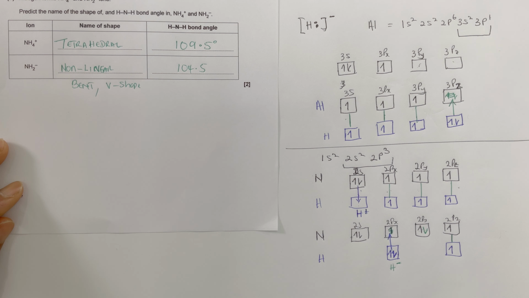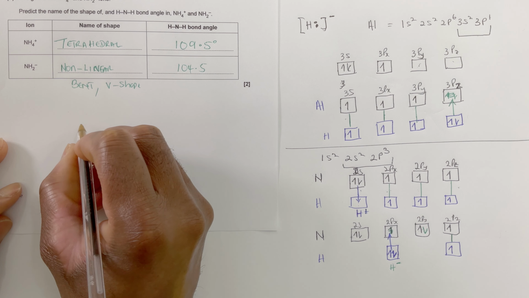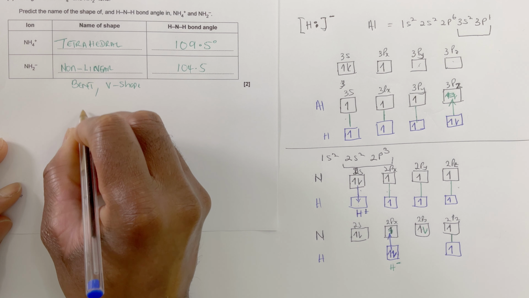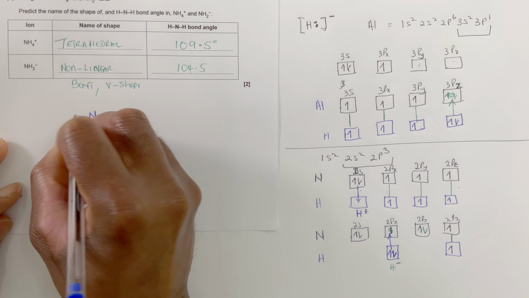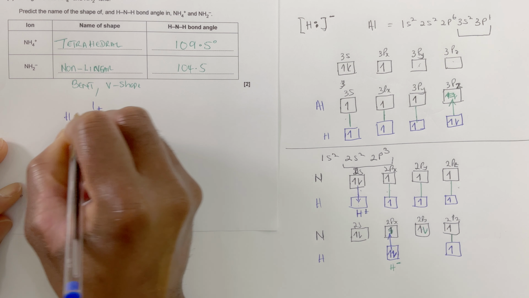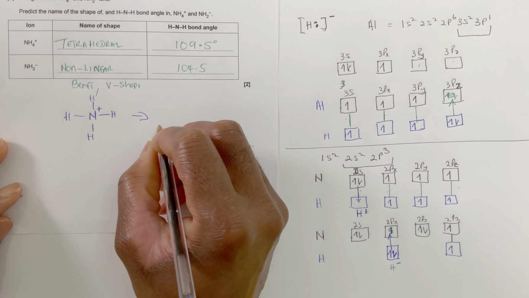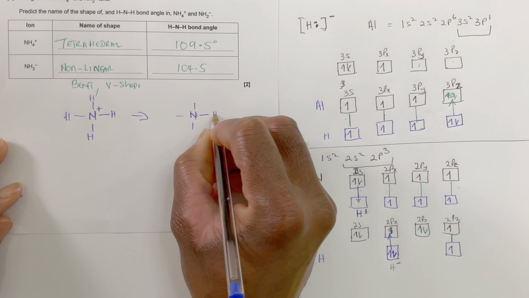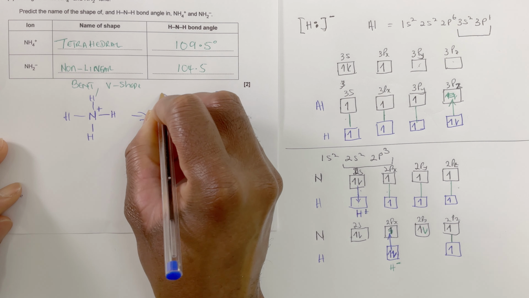So the structure for that, NH4 is tetrahedral, so that's NH4 with a plus on there, hydrogen, hydrogen, hydrogen, hydrogen, which can then be drawn by just doing N, H, H, H, H with a plus.